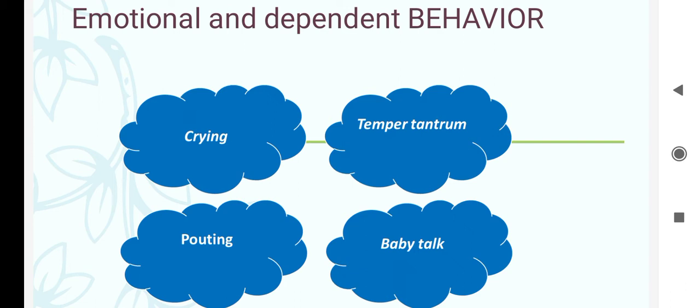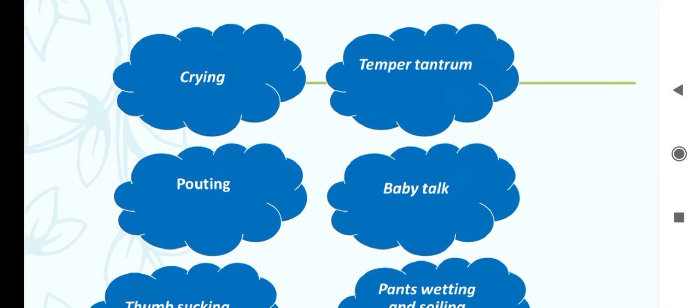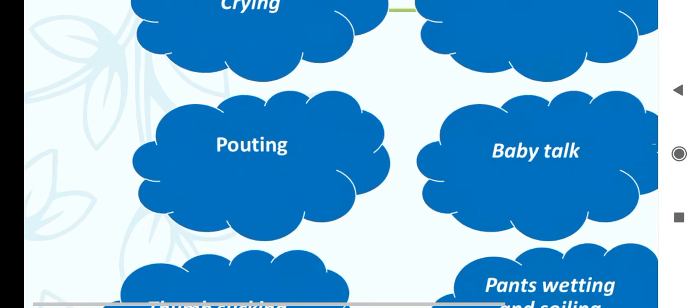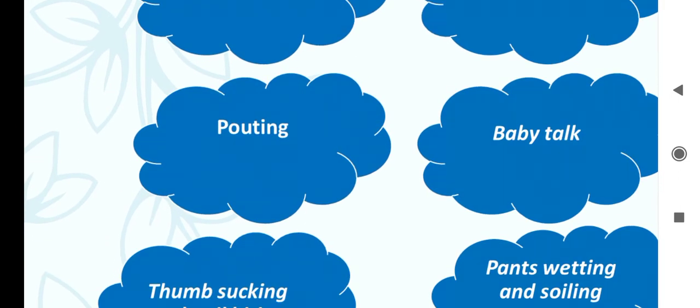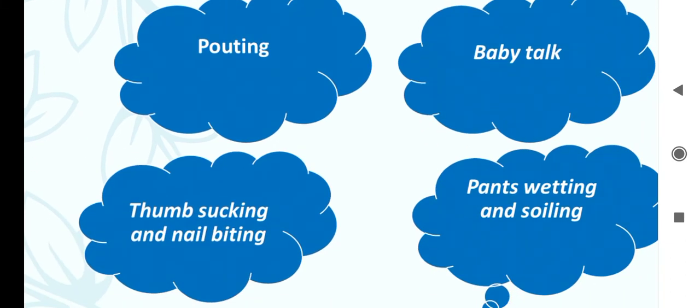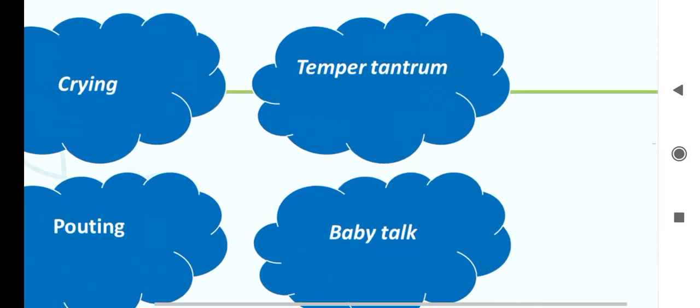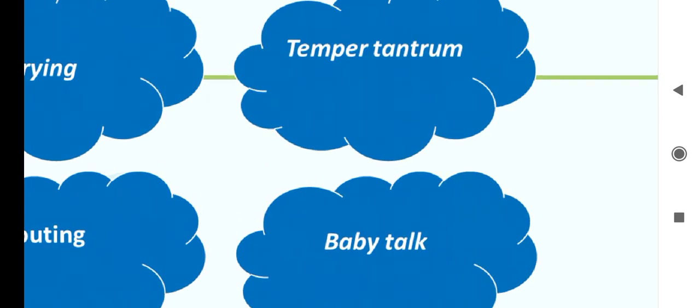Normally, by becoming preschoolers, they will be able to be independent in certain basic routines. They are not simply crying over something. They will not be pouting or sulking, showing a face which shows they are not happy. Thumb sucking and nail biting does not happen with preschoolers. Children's temper tantrums happen without reasons.